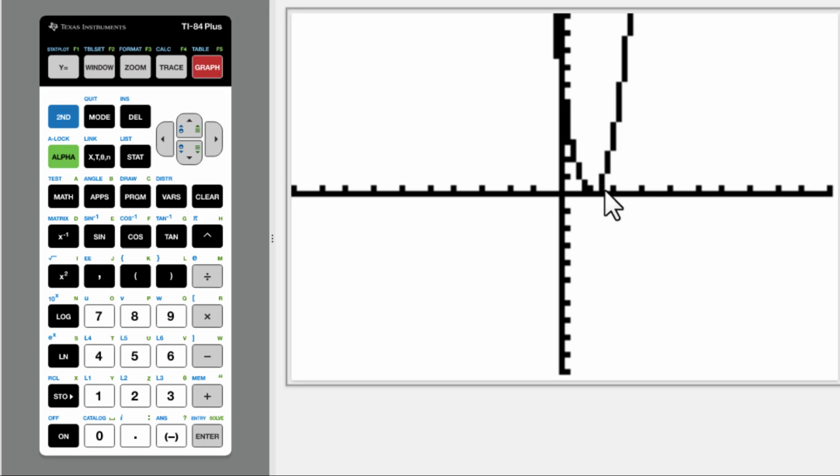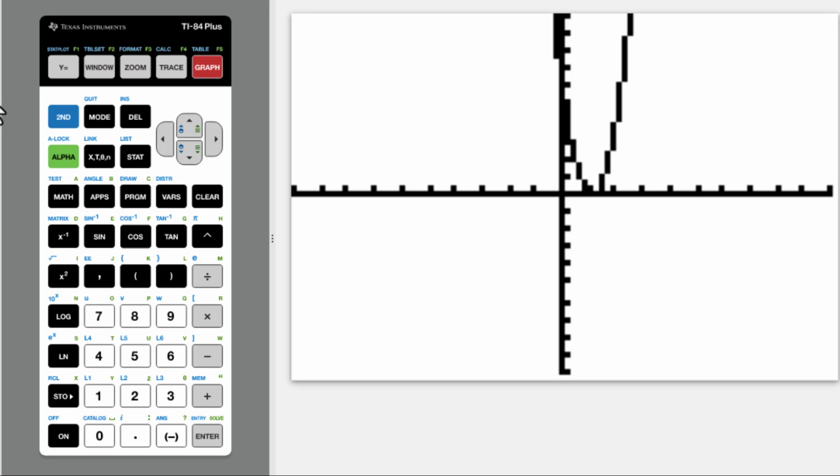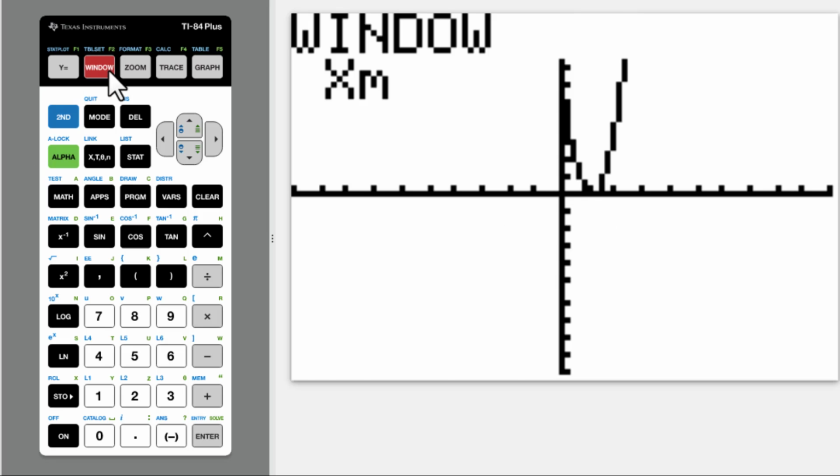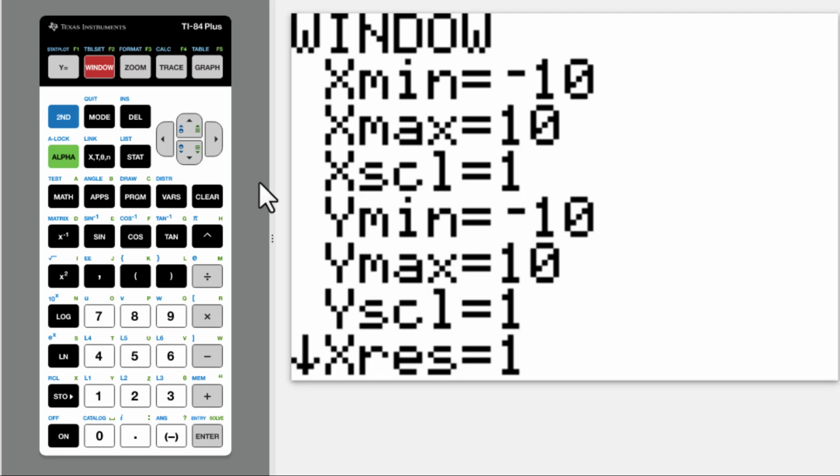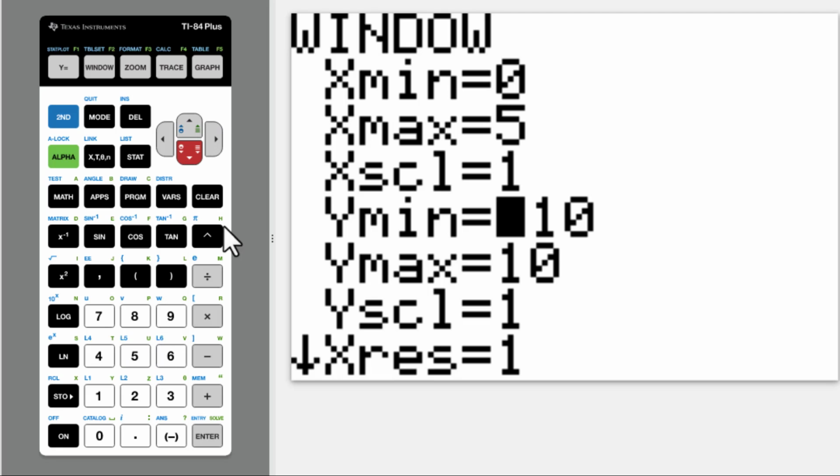You have to change this window so that we can clearly see the zeros. Go to window. For x minimum, we will change from 0 to 5. Scale is 1.